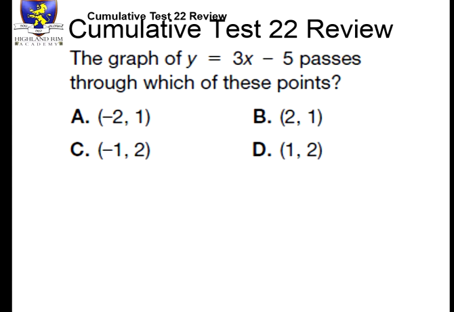Now, the graph of y equals 3x minus 5 passes through which of these points? The best way to do this in my mind is just to do a plug and chug. You plug in the points and see if it works. So for A, y equals 3x minus 5.